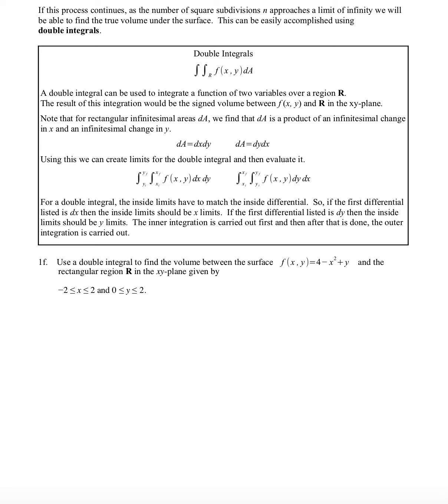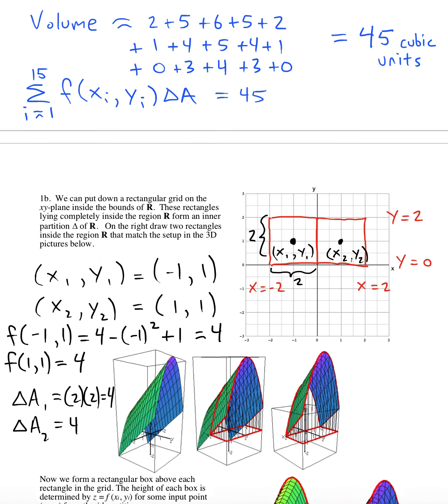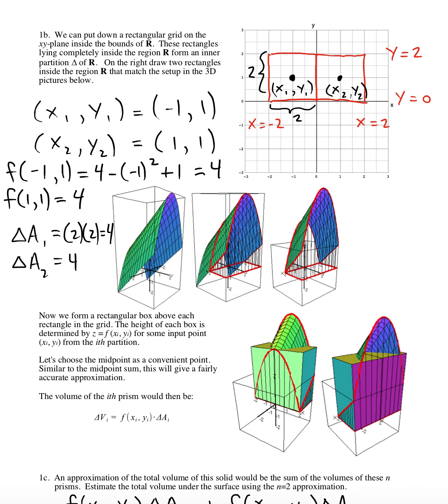If this process were to continue, and the number of square subdivisions n approaches a limit of infinity, then we'll be able to find the true volume under that surface. Notice that in my first attempt, the volume of my object would have been substantially bigger than R. We need the shape to be exactly equal to R. And at least we did achieve that here with this type of approximation.